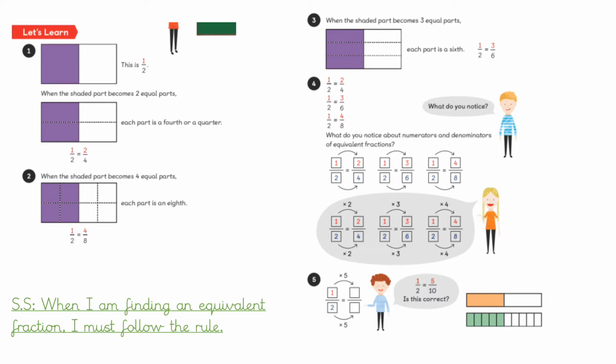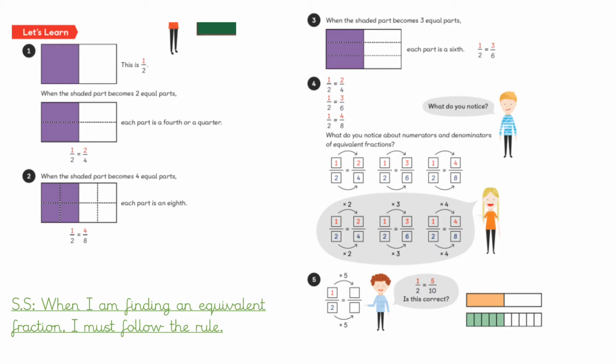Let's have a look at number 2. When the shaded part becomes 4 equal parts, each part is 1/8. So a half is also the same as, equivalent to, equal to 4/8. Can you see a pattern in between 1/2, 2/4 and 4/8?